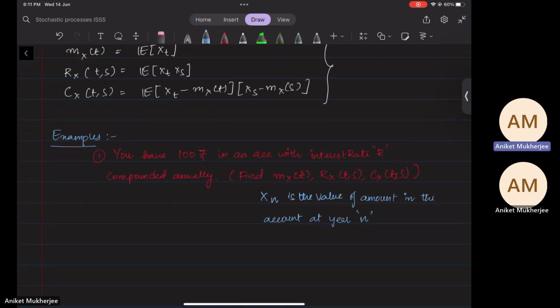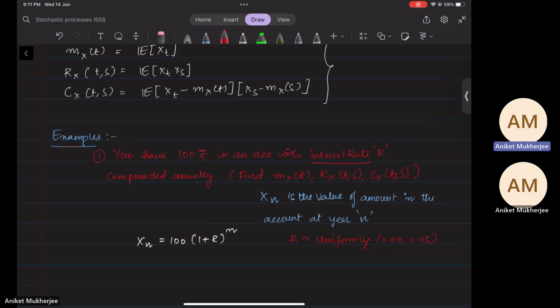And how does xn vary from year to year? xn is given as 100 into (1 plus r) power n, where r is the interest rate. But what you have here is that r is distributed uniformly over 0.04 and 0.05.